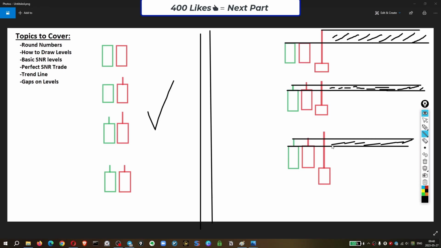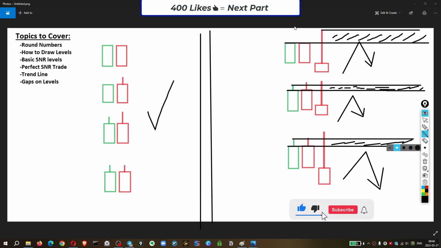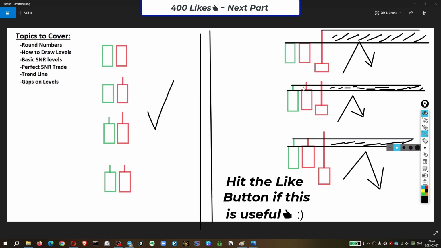This is going to be your next zone, and the price will come here, and then we will talk about how to take your trades on the SNR and all of it, so don't worry about this. This is the next thing you should know about drawing the levels from buyers and sellers entry.